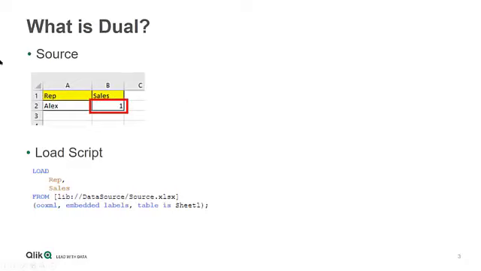The sales representative RX has a sales of 1. Now we load this source data into QuickSense. As you can see from the script, we just load rep and sales into QuickSense.